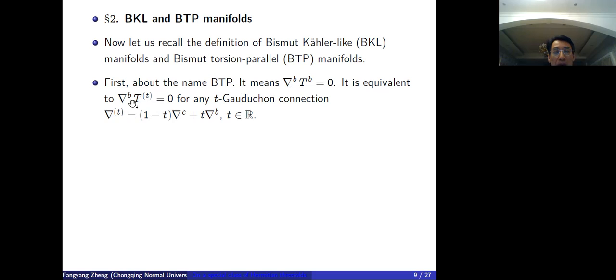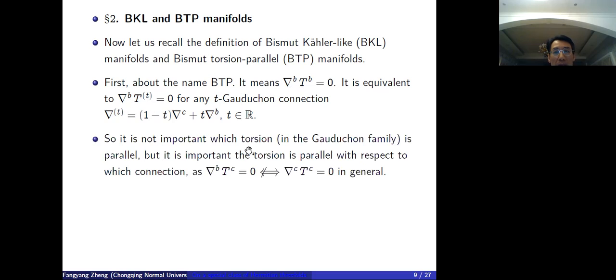But on the other hand, if you replace nabla B by another Gauduchon connection, then it's inequivalent. It's quite different actually. So it's not important which torsion within the Gauduchon family to use, but it is important with respect to which connection the torsion is parallel.